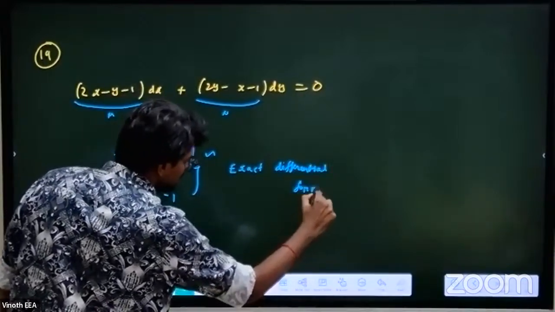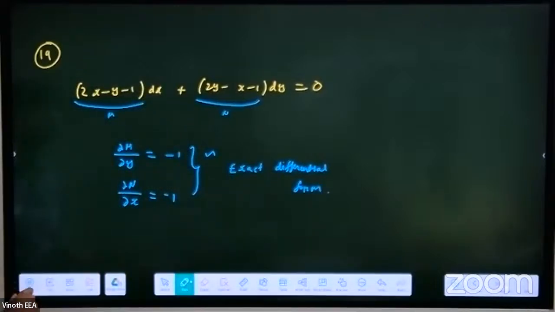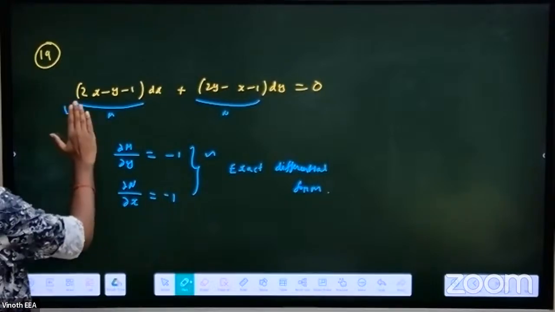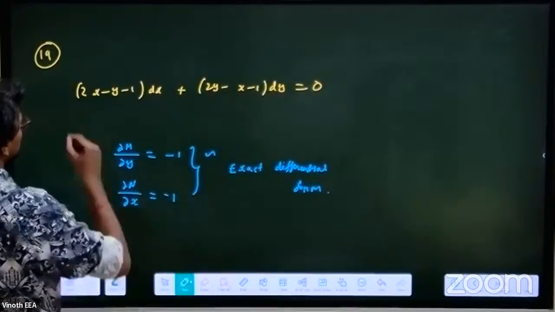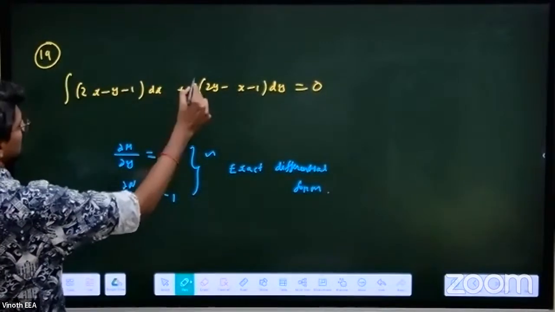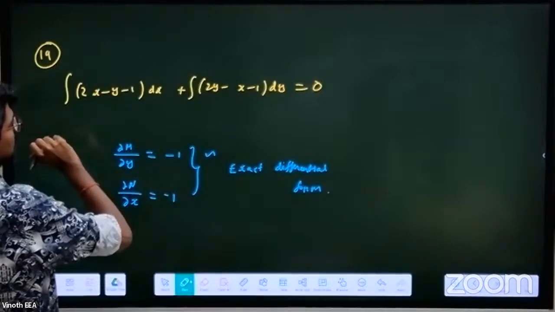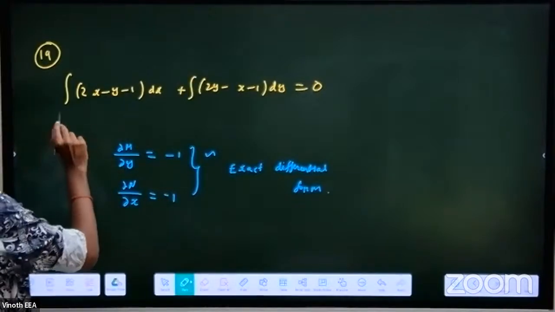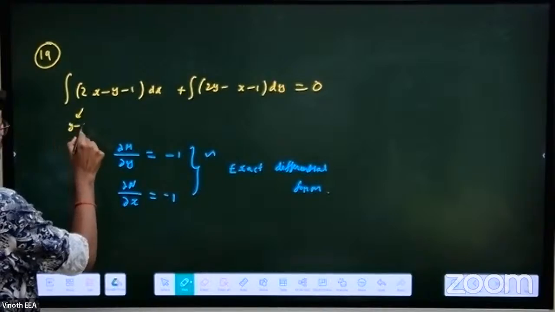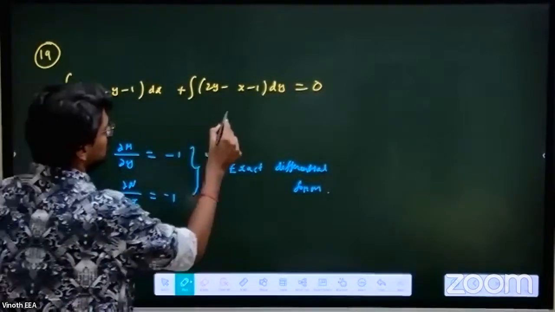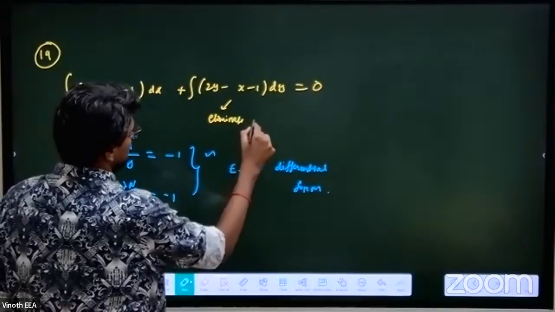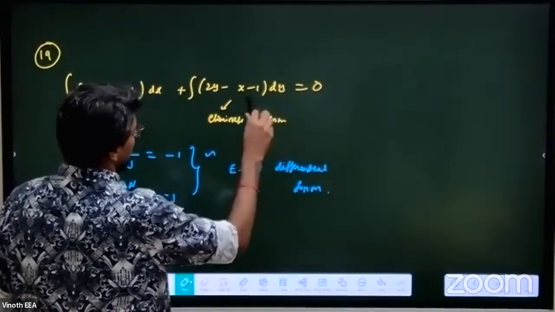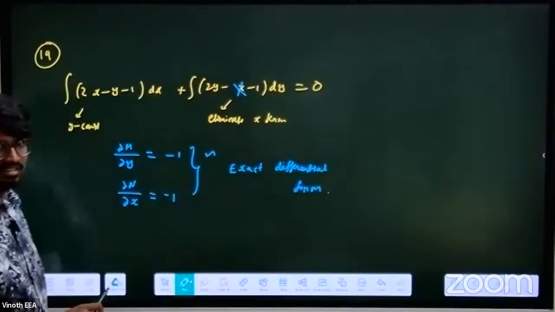What should I do now? When I integrate this, keep y as constant, and here eliminate the x term. I have x here, I'm eliminating the x term.